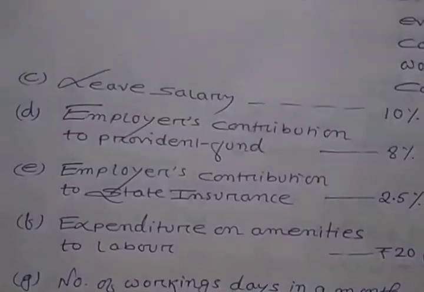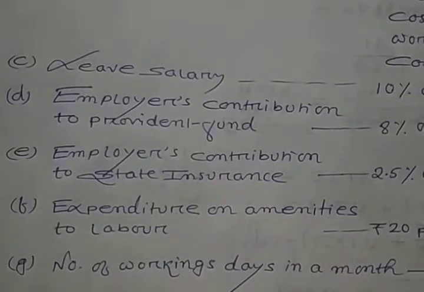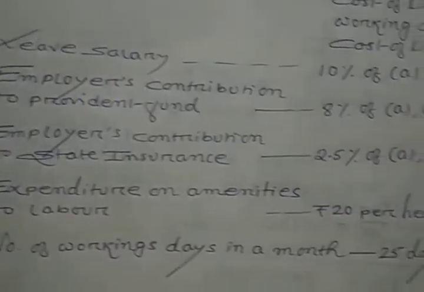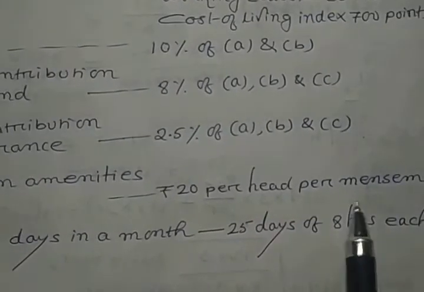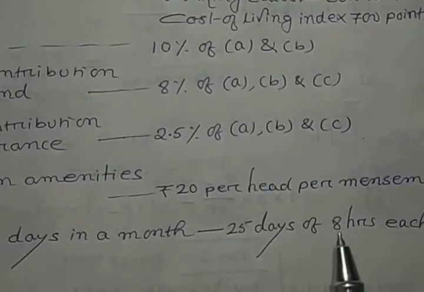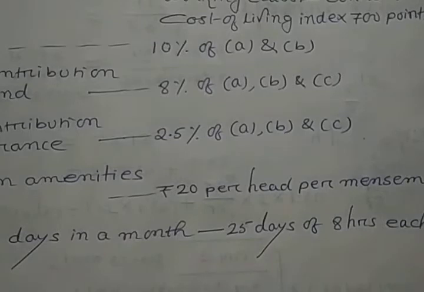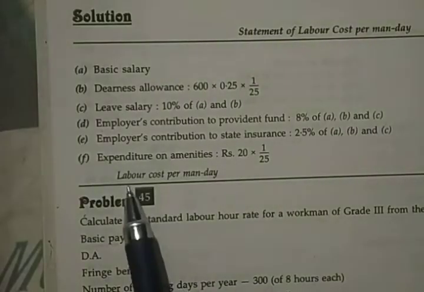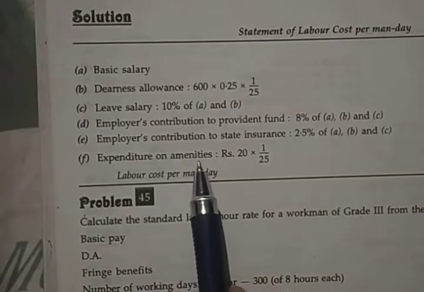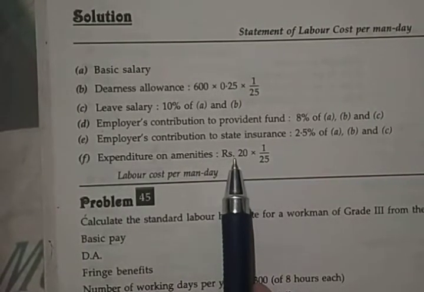Now another point given, point number F. What is given? Expenditure on amenities to labor, rupees 20 per head per mensum, means per month. So this one is also given per month, and you have to convert this month into days. Expenditure on amenities is rupees 20, given for 1 month.